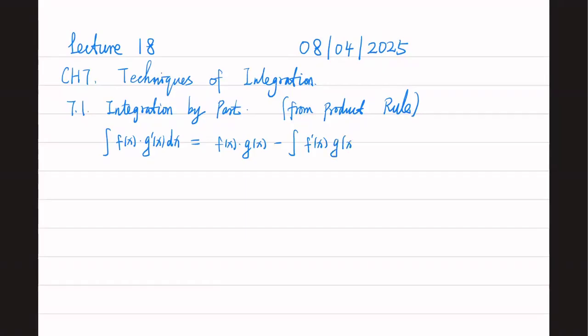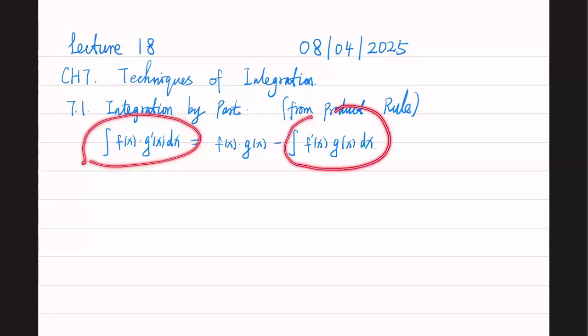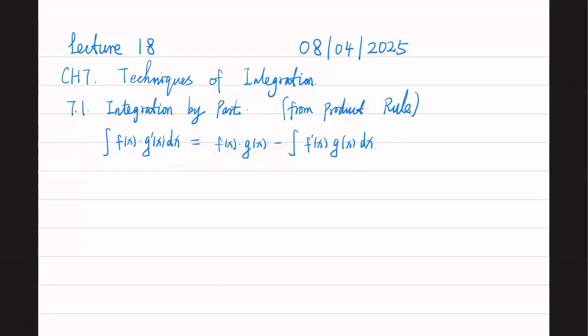This integral is kind of equivalent to this integral up to a sign and a given function. So sometimes we want to find a simpler one to find the integral of this complicated one.